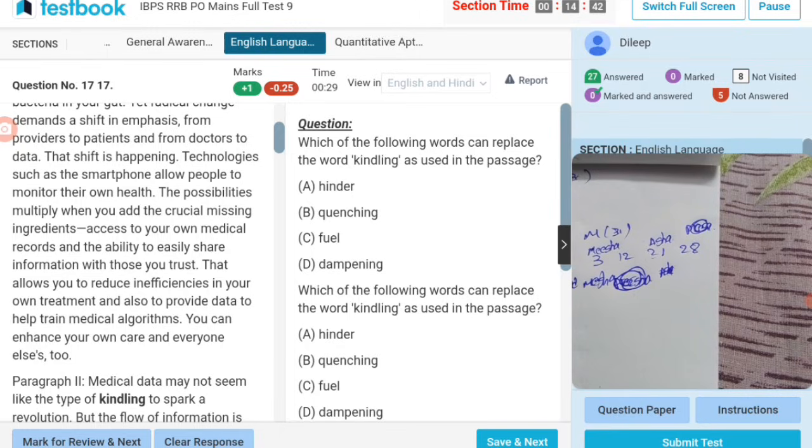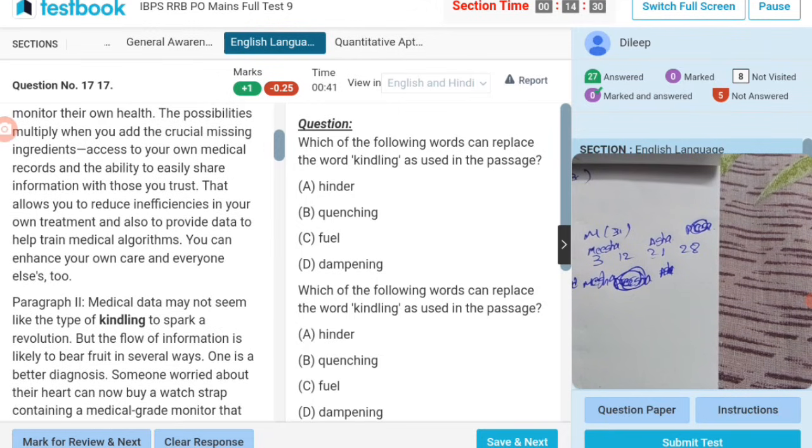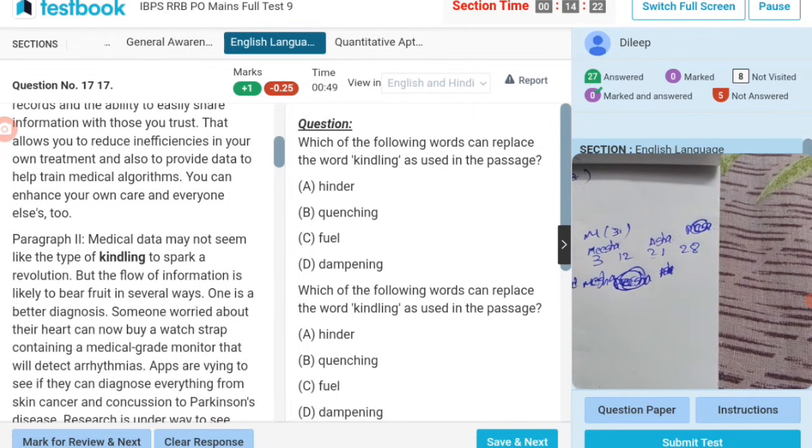Technologies such as the smartphone allow people to monitor their own health. The possibilities multiply when you add the crucial missing ingredients: access to your own medical records and the ability to easily share information with those you trust, and also to provide data to help train medical algorithms. You can enhance your own care and everyone else's too.